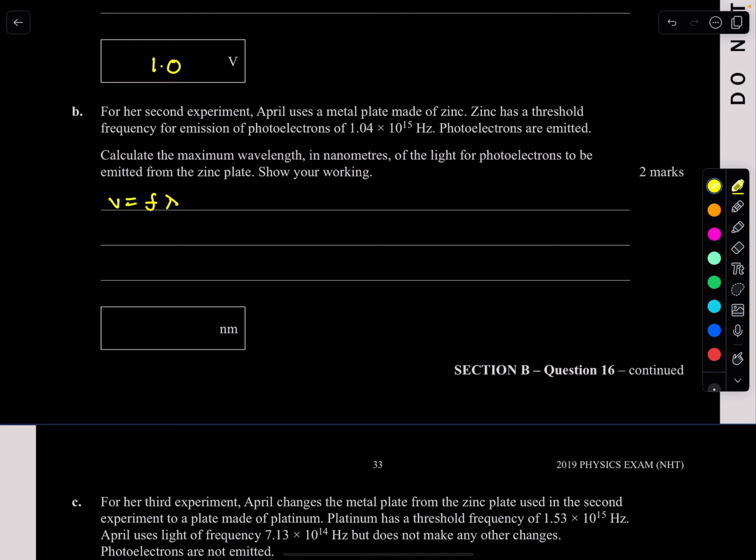The velocity of these photons is the speed of light, so wavelength is velocity over frequency. That's 3.0 times 10 to the power of 8 divided by 1.04 times 10 to the power of 15. I want it in nanometers, so times 10 to the power of 9. That gives me 288.